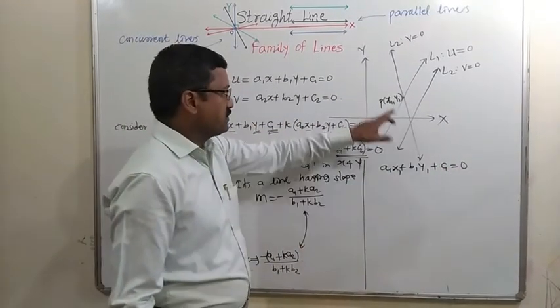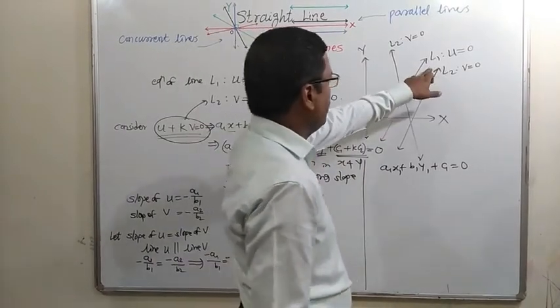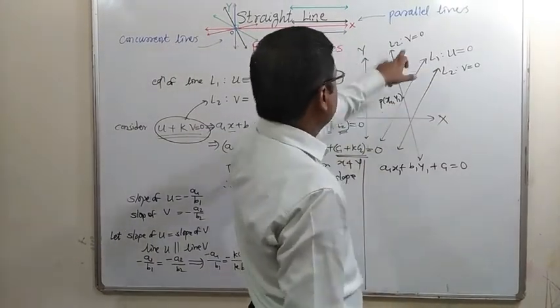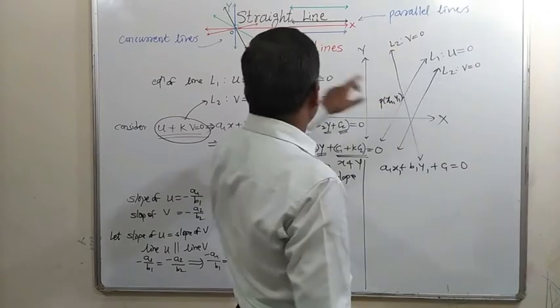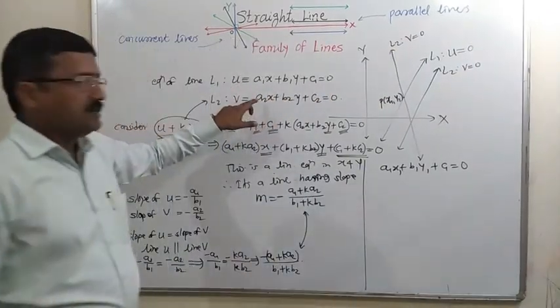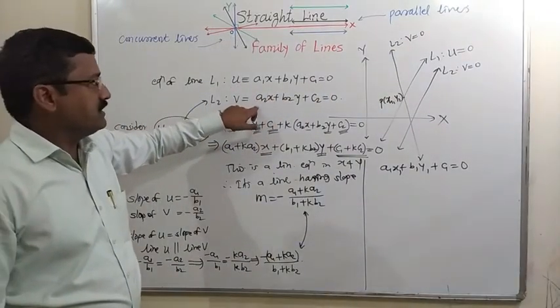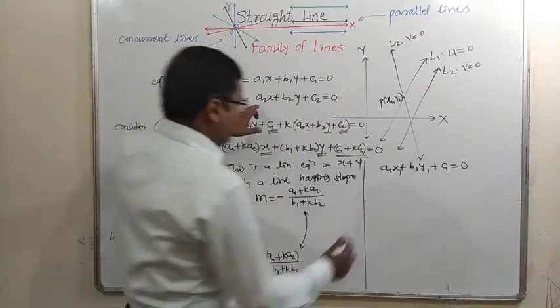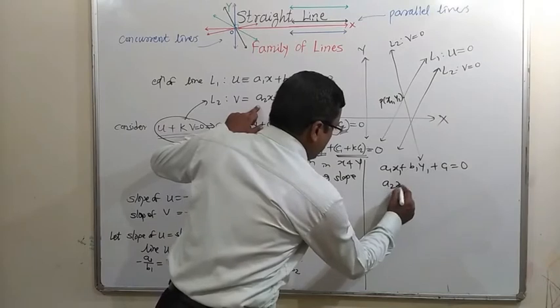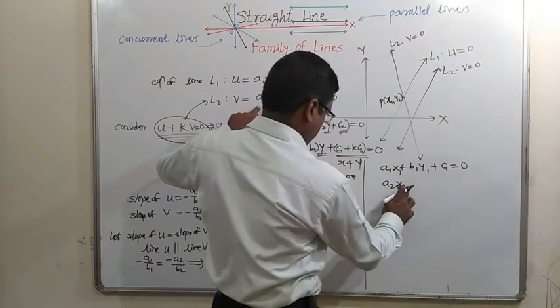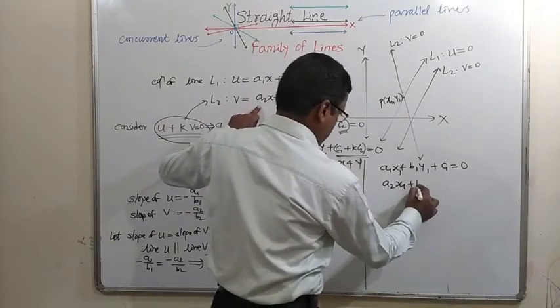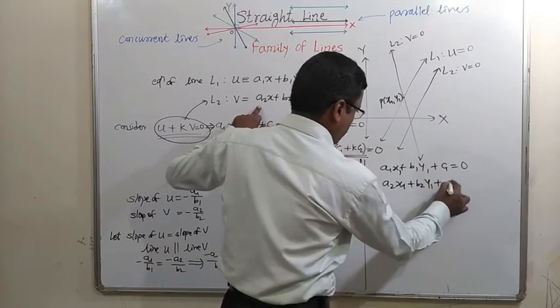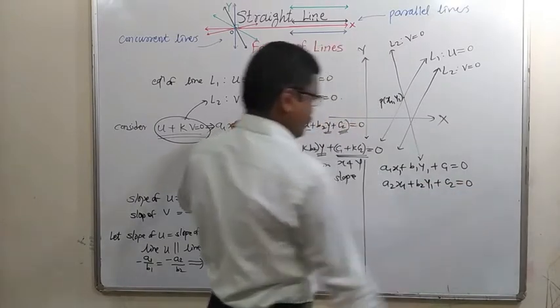Why this? Because point P(x1, y1) lies on line L1. Also point P lies on line L2, so it satisfies the equation of line L2. So we put x1, y1 instead of x, y, so that we get the equation as a2 x1 plus b2 y1 plus c2 equal to 0.